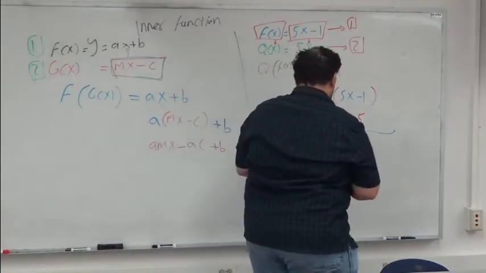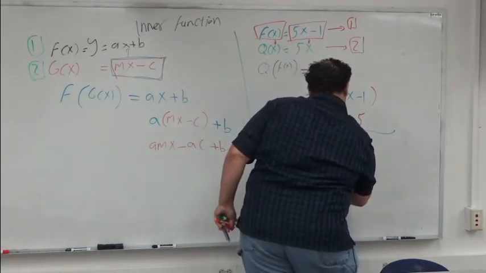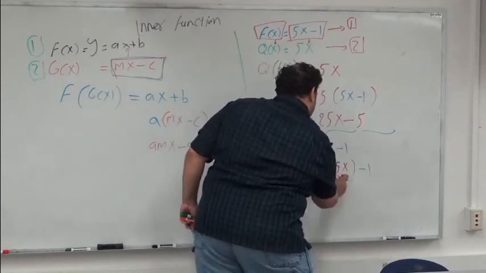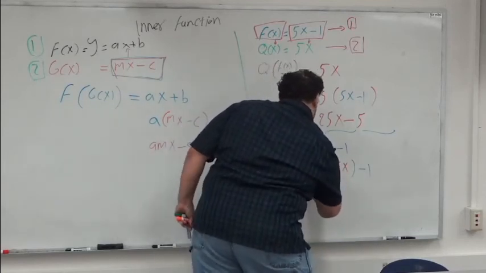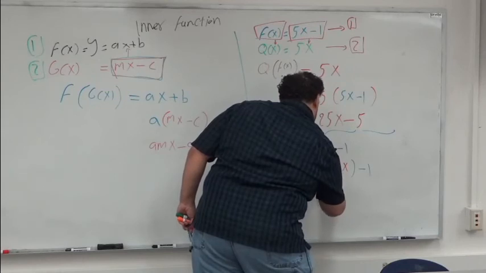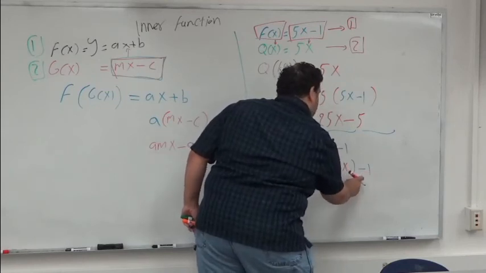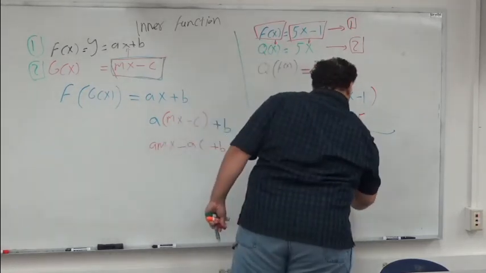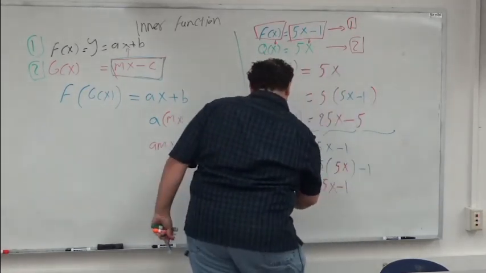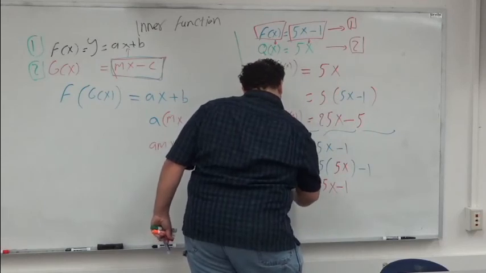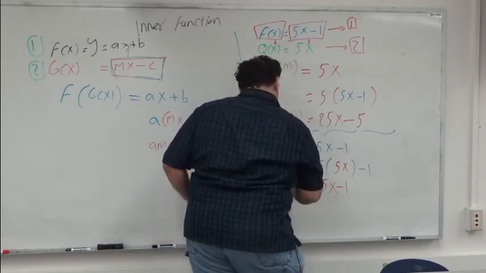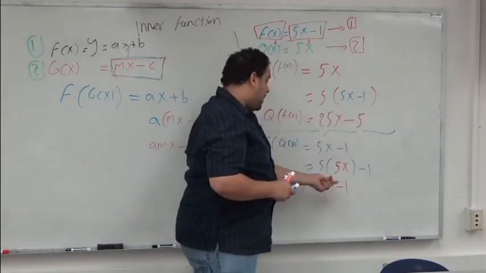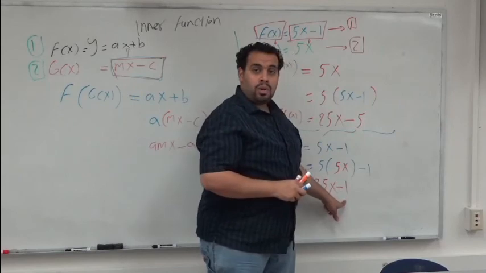So it's going to be 5 times 5x, positive times positive is positive. So 5 times 5 is equal to 25x. Then I have left this negative 1, separate from this side, so just write down minus 1. And this here is f of q of x. Now we see the difference. This one here is 25x minus 5, and this one here is 25x minus 1.